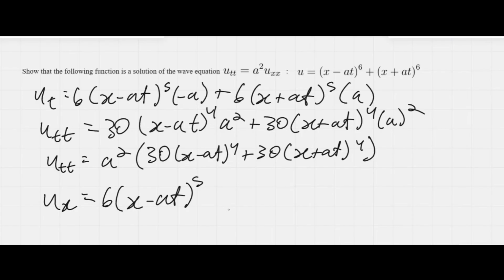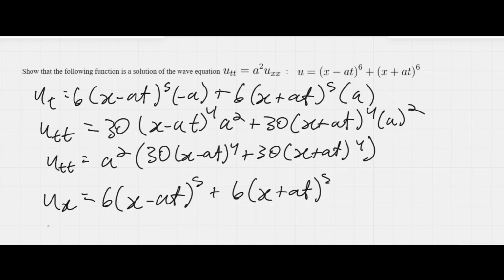The derivative of x minus at, treating t and a for that matter as a constant, is just going to be 1, so we're going to leave the expression as is. We're adding that to the second term, which is going to be yet again 6 times x plus at now to the power of 5, because we're bringing down the 6 and reducing the power to a 5. Again, the derivative is still going to be 1 even after the chain rule, and so we're going to leave the function as is.